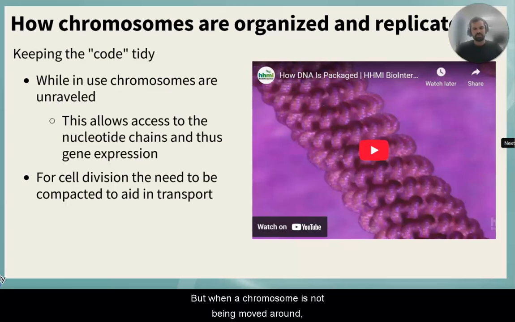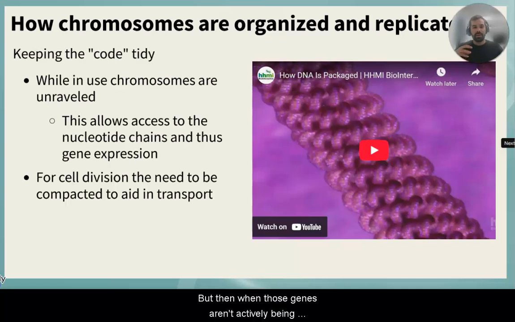But when a chromosome is being used, those chromosomes have to be unraveled. This is what exposes the nucleotides and allows those genes to be expressed, to be transcribed and translated, that flow of information.